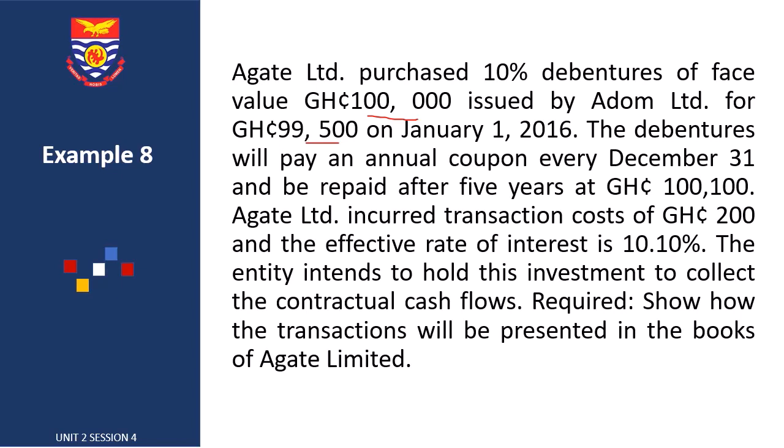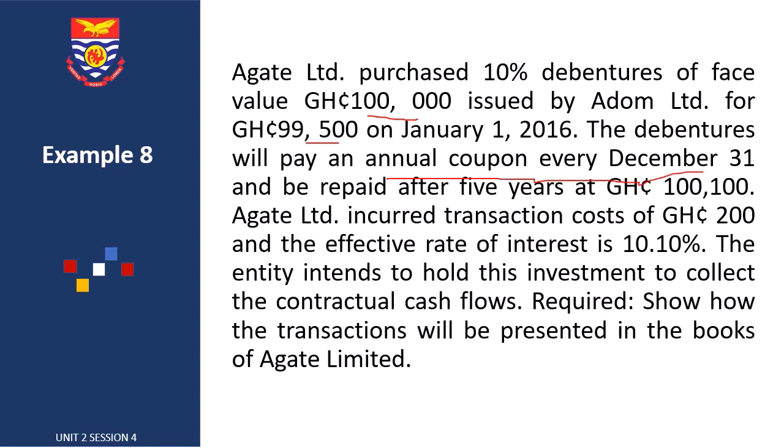So the 99,500 becomes the nominal value you have to make use of. The face value is 100,000. After taking the discount of 500, you will get 99,500.